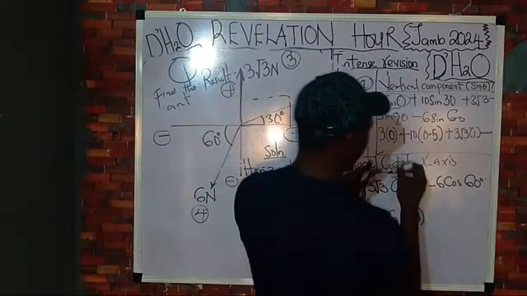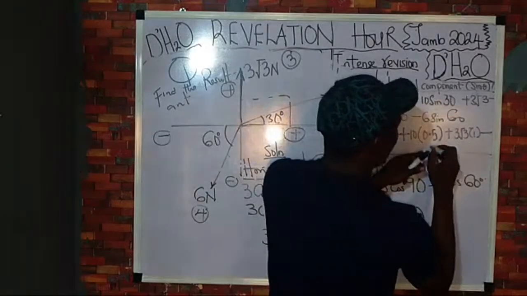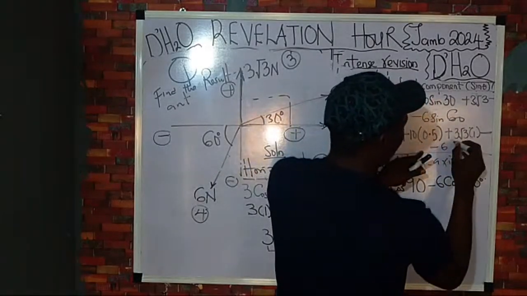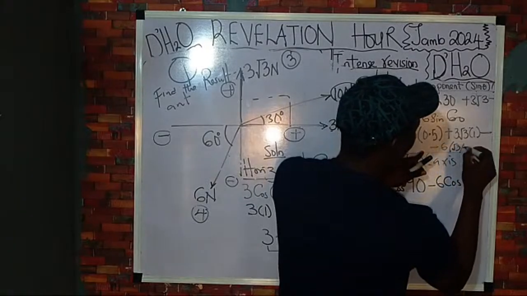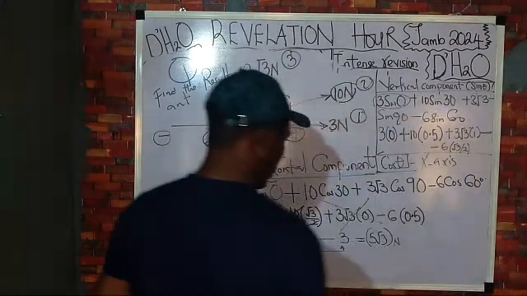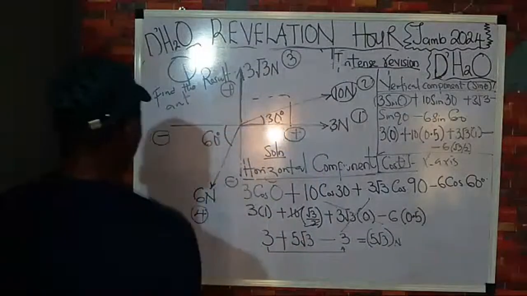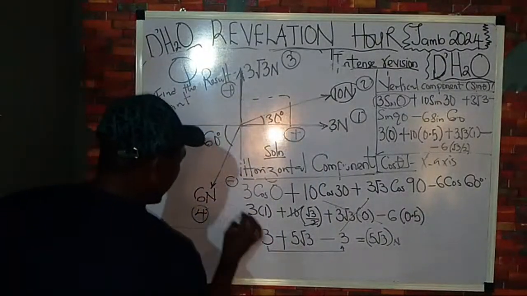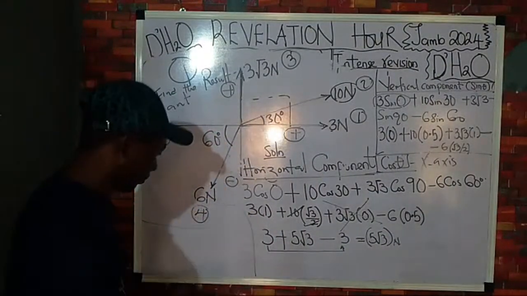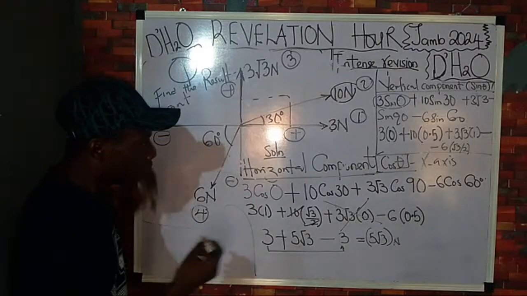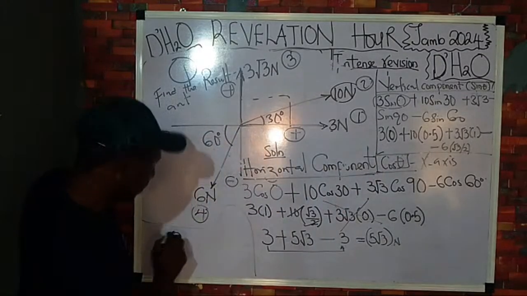So what do we have? Let's create a space here. We have minus 6 bracket root 3 over 2. That's what we have. So how do we do it now? Let us create a space here and solve it finish. For this one, we have 0.